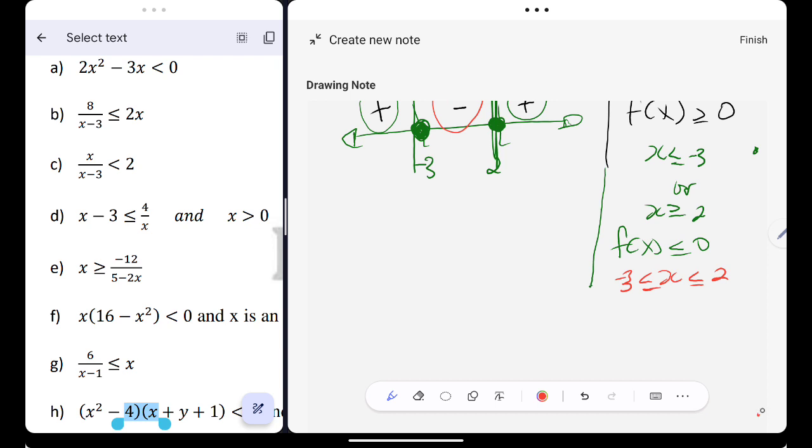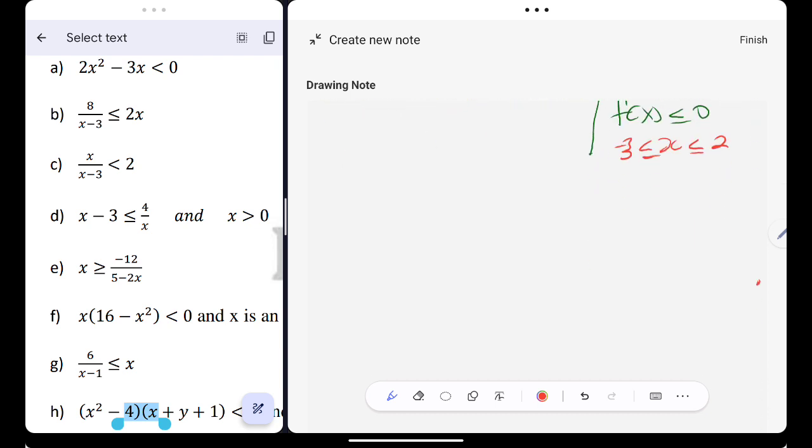Sometimes you might have 3 critical values: 1, 2, 3. -3, 0, and 4. Sometimes you can have something like this, and maybe this time around you have a negative, plus, negative, and a plus. The signs will keep on alternating.